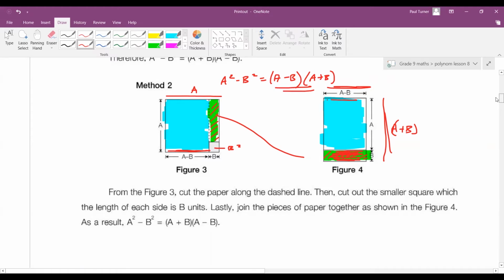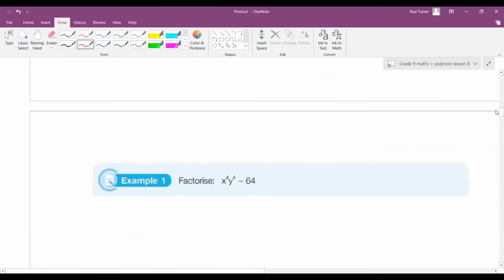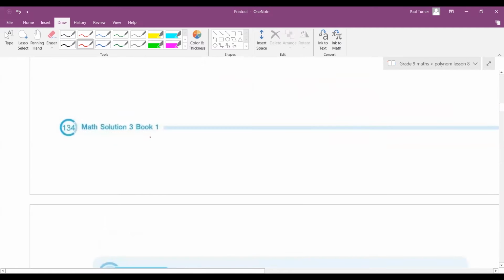And we used this last week when, for example, we had something like, let's do an example, 4x squared minus 9. And we can see we've got a subtraction sign, and we can make these both squares.